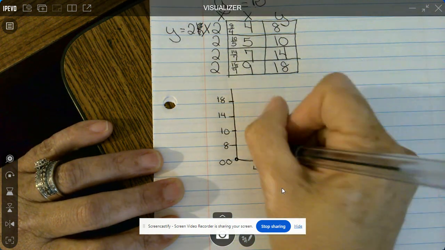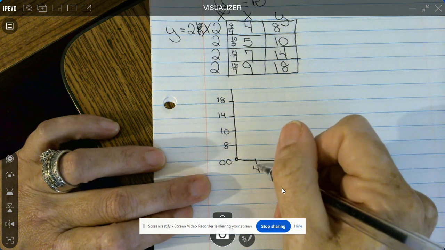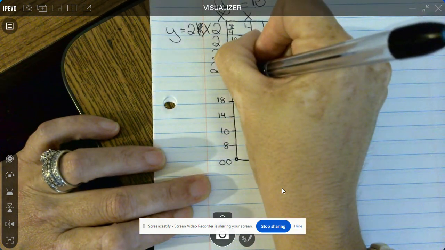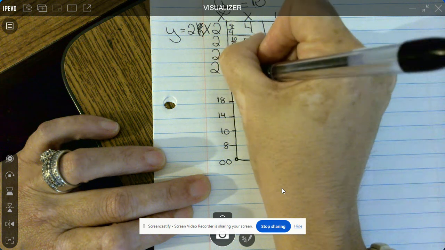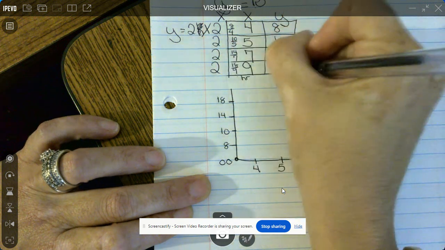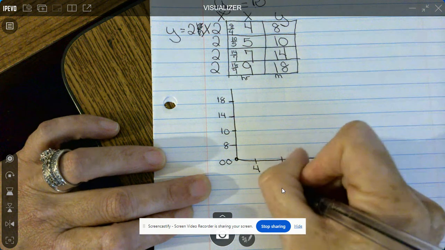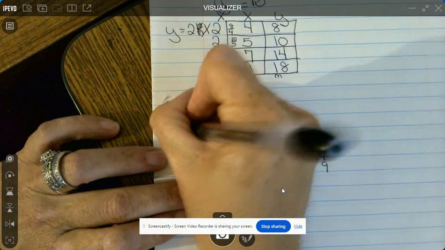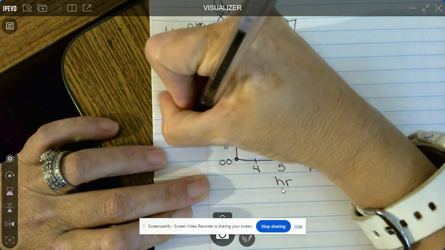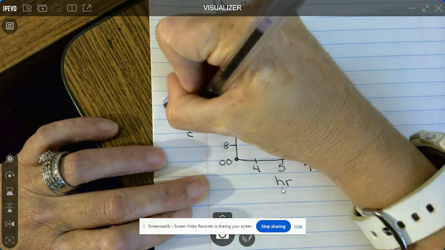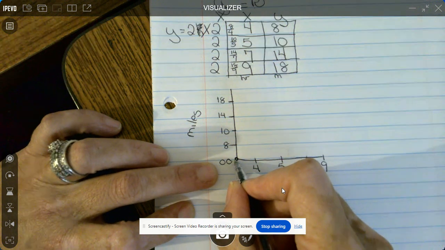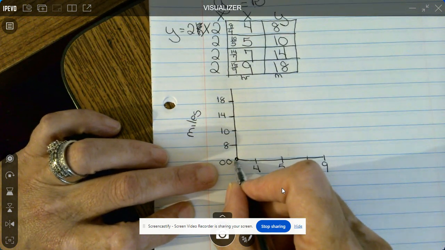All right, so let's say these are our hours, and this is our miles. So this is how many hours it takes you to walk whatever miles. And this might make more sense. If it's 0, 0, that means I have walked 0 hours, 0 miles.